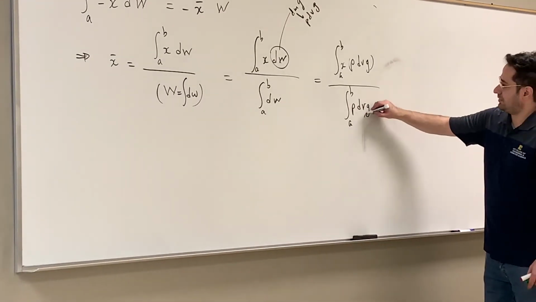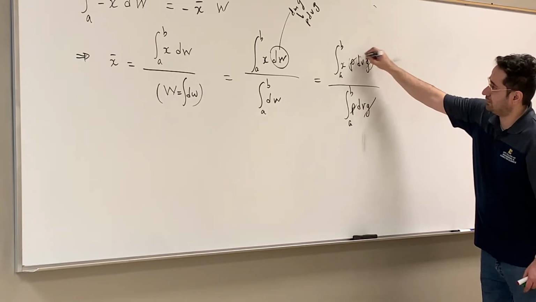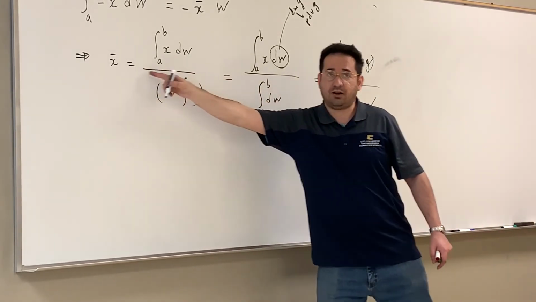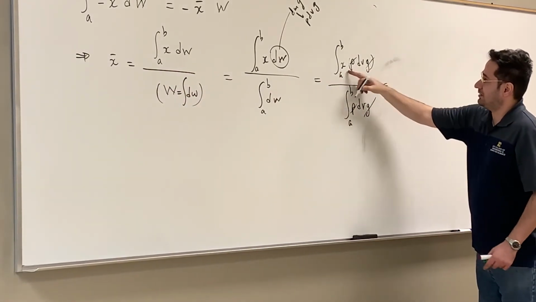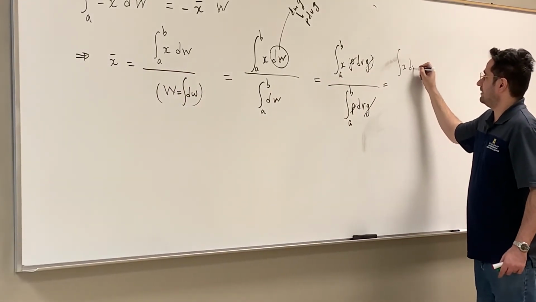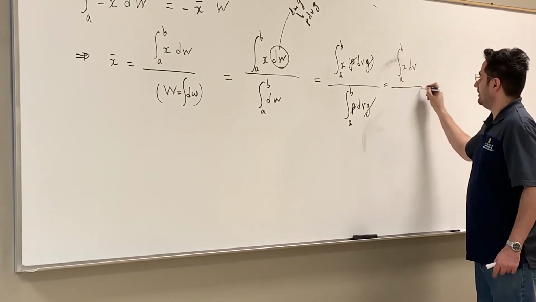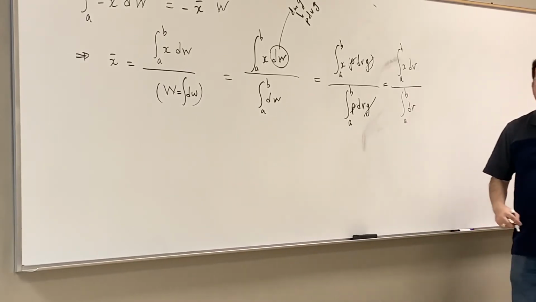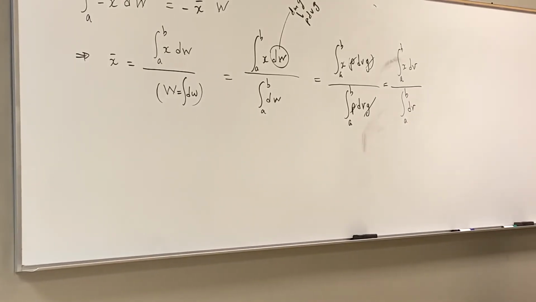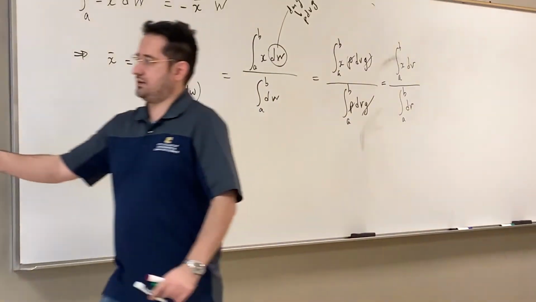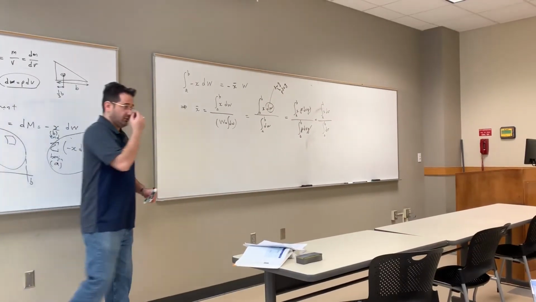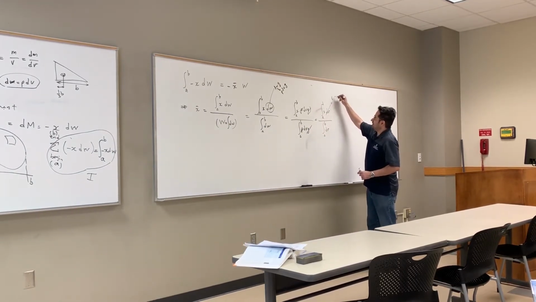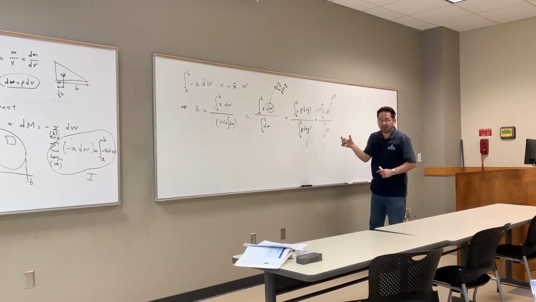Okay, so you can see g cancels out with g, rho cancels out with rho if uniformly distributed. So this x bar, which is the center of mass, becomes the center of volume: the integral of x dV from A to B over the integral of dV from A to B. Now, if your object also has uniform thickness, so let's say this is not a potato, it has uniform thickness, we can say dV is equal to a length times dA, where this is the depth.